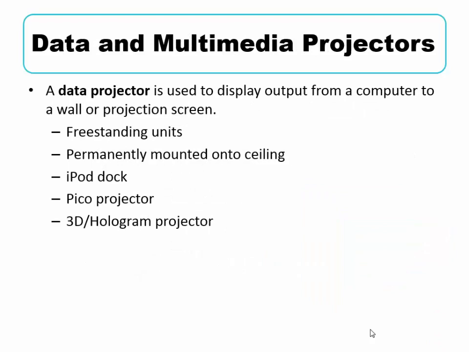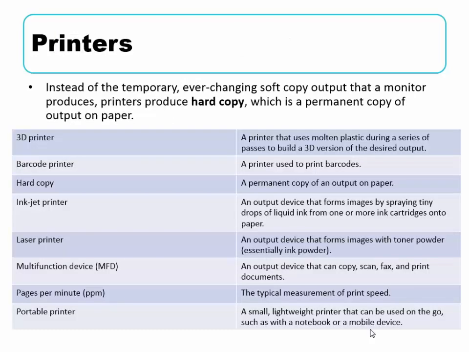A data projector is used to display output from a computer to a wall or projection screen. They're freestanding units, or can be permanently mounted into the ceiling. You have your iPod docks, your hologram projectors. Those are some examples.